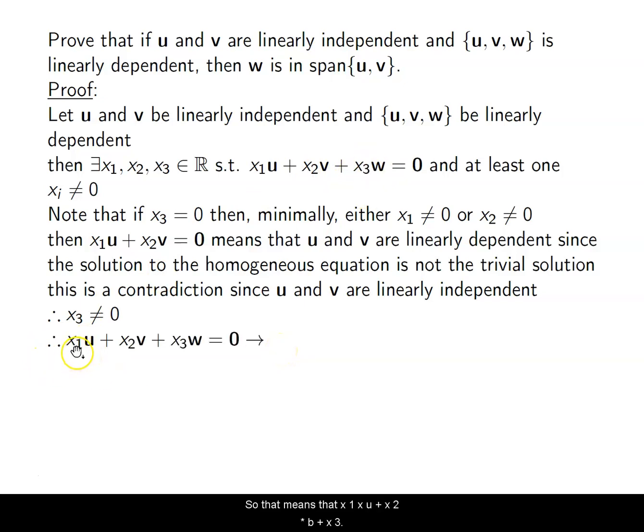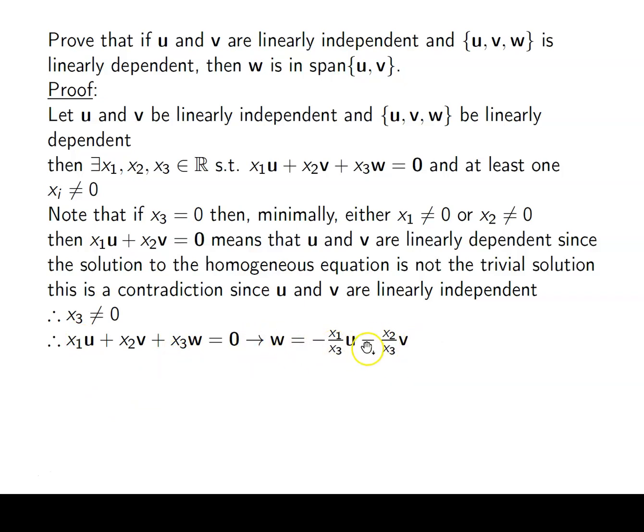So that means that x1 times u plus x2 times v plus x3 w equaling 0 implies that w can be written in this form. Remember, x3 is the one that's not 0. So if I solve for w, I subtract this and divide everything by x3, and that's what w looks like.